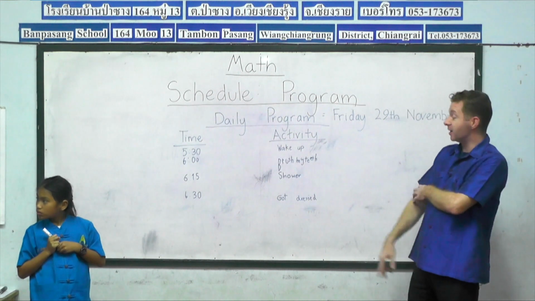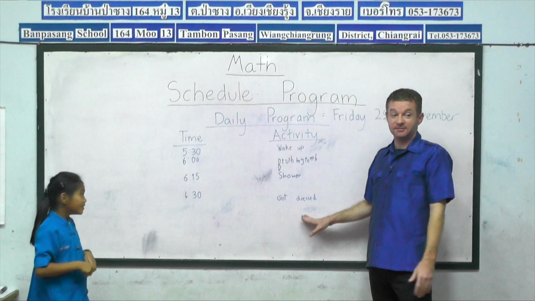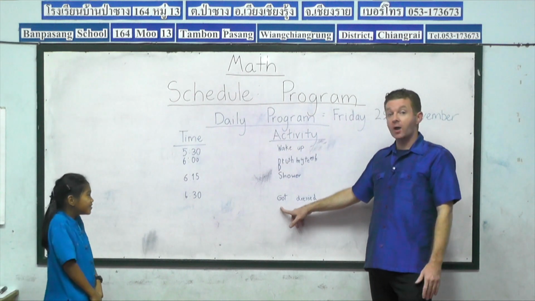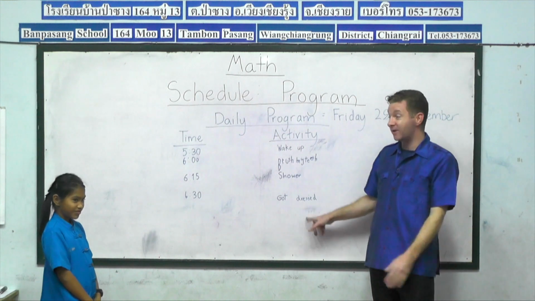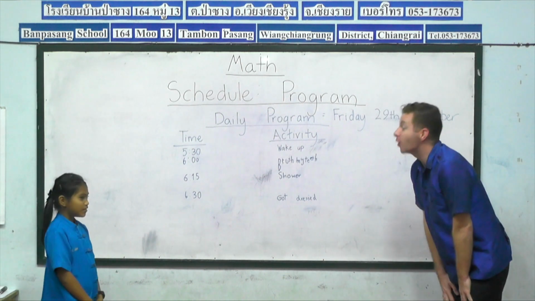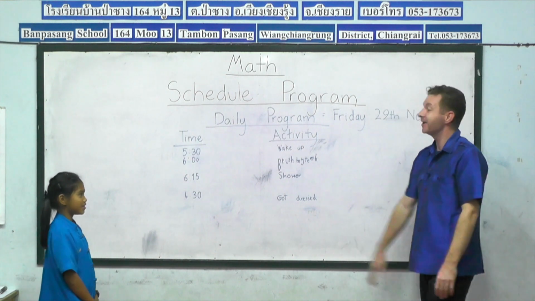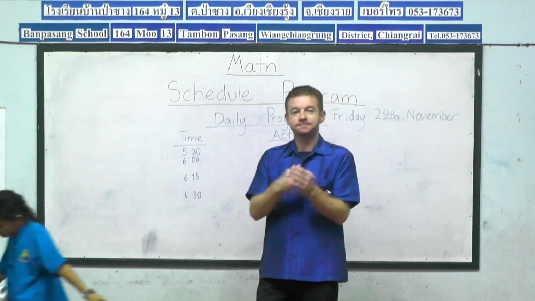So all together, 6:30, got dressed. And we can use the word got because it's already happened. It's past tense, so got dressed is fine. Pak Bung, 6:30, got dressed. Excellent. Big round of applause for Pak Bung, guys.